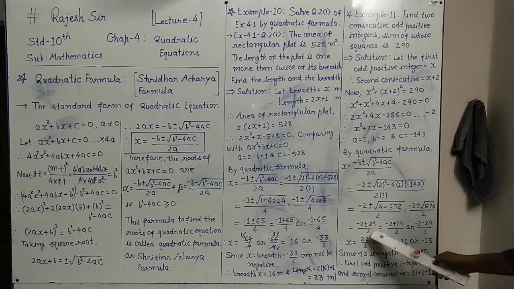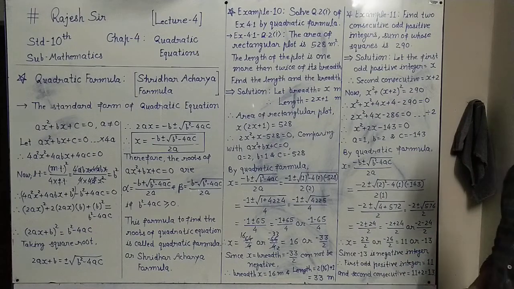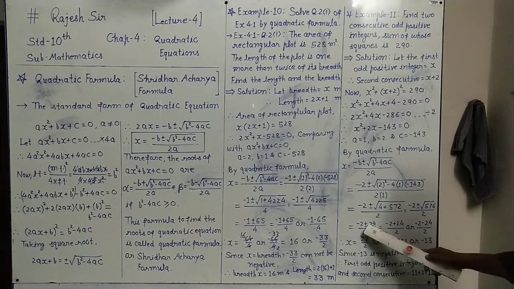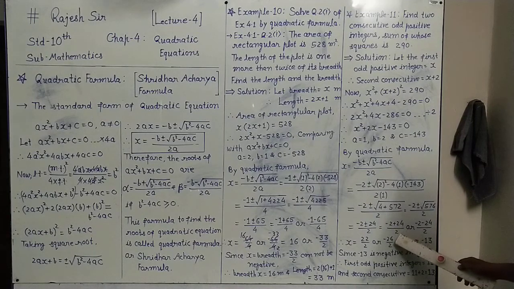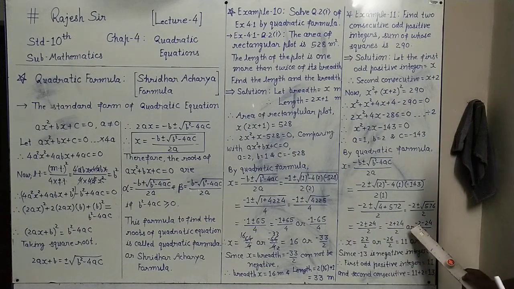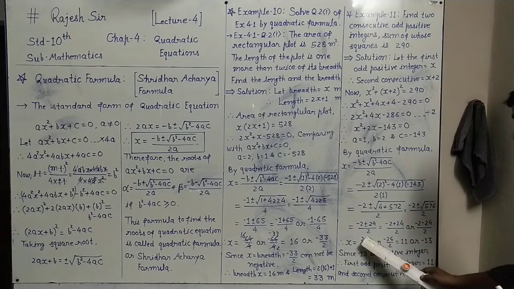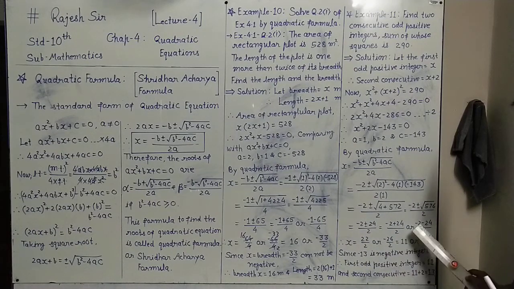Now this expression has both plus and minus, so we have to separate it. First I take plus 24 upon 2, and in the second case we take minus, that is minus 2 minus 24 upon 2. This gives x equals 24 minus 2, 22 upon 2, or minus 24 minus 2, minus 26 upon 2.